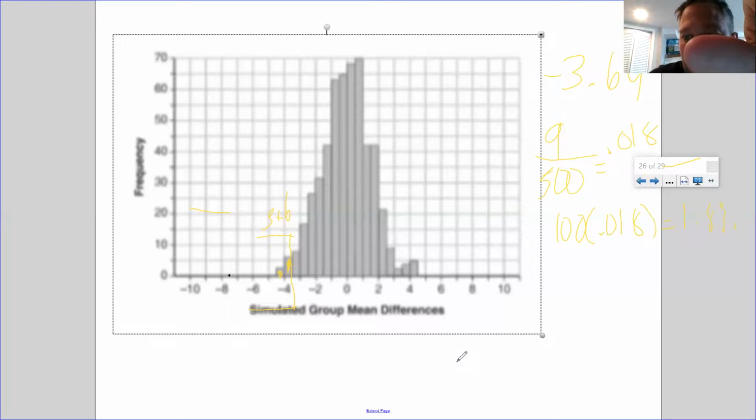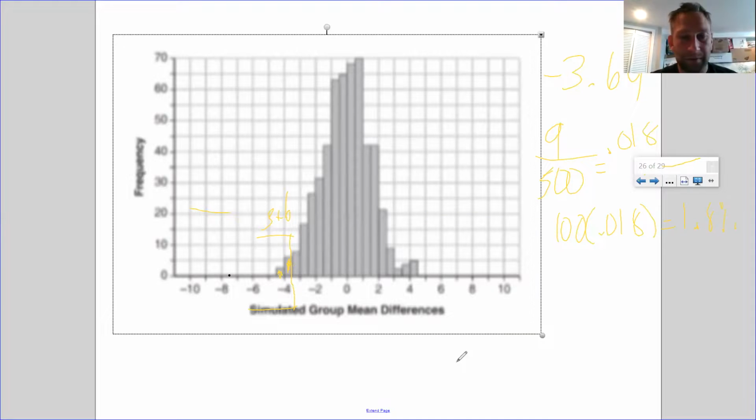What's the magic number for confidence interval? The magic number is 5%. If it's less than 5%, it's outside the 95% confidence interval. So since 1.8% is less than 5%, the treatment was effective.